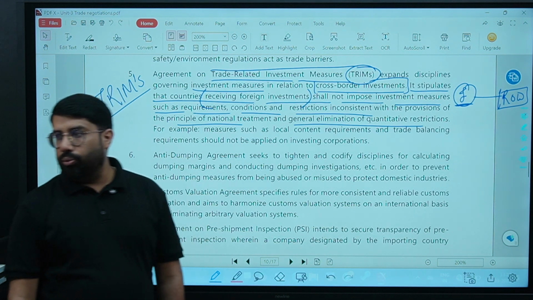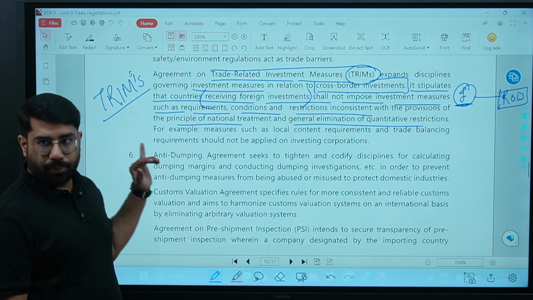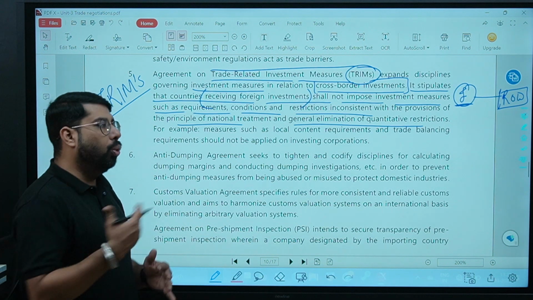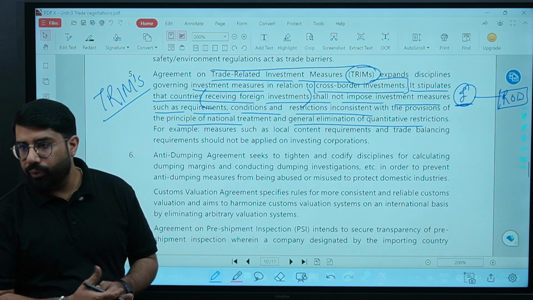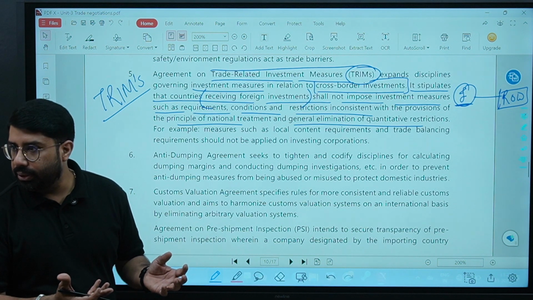That country should apply only those rules and regulations on cross-border investment which are written under TRIMS. They should not try to make their own new regulations which are not part of TRIMS. Are you clear? So these are the general agreements. Are you clear with this thing?